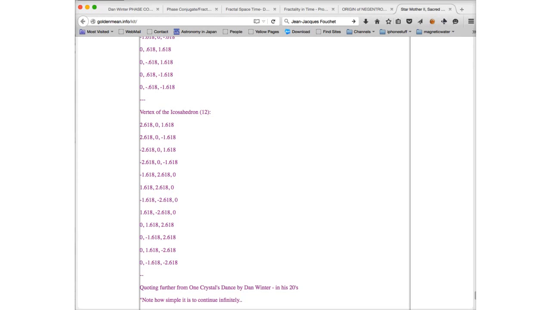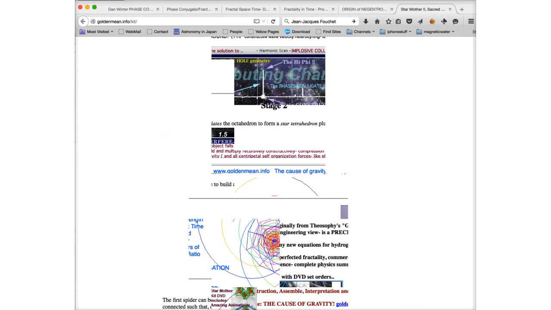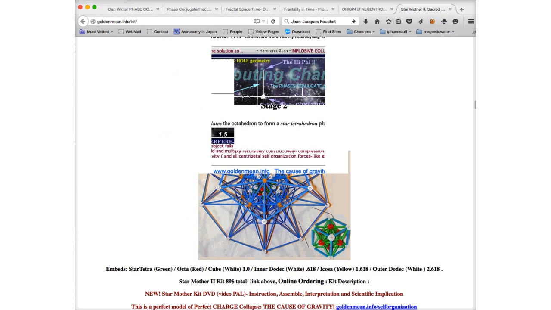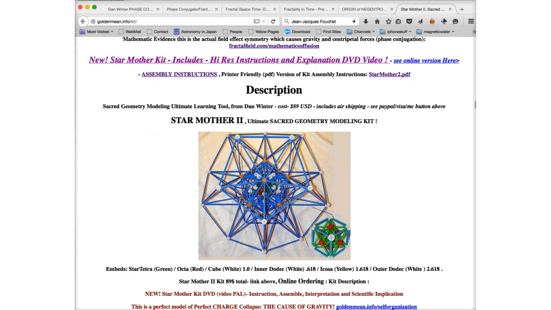So the point being that when you make this model, the Star Mother kit, which simply has this tetra cube, you see there's two tetra here that are green, and there's a red vertex octa in the center, and here's the cube.